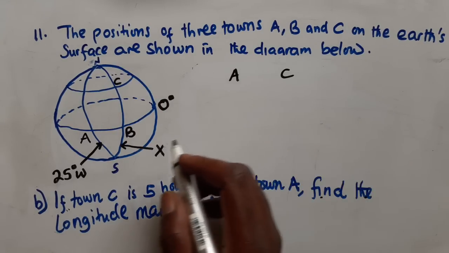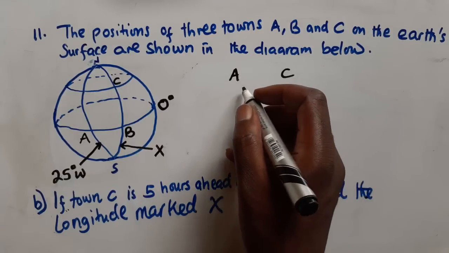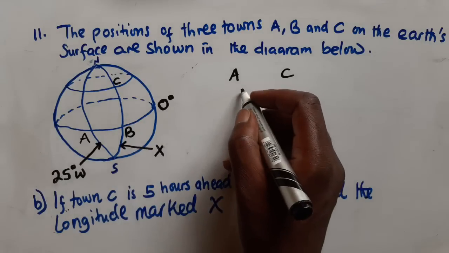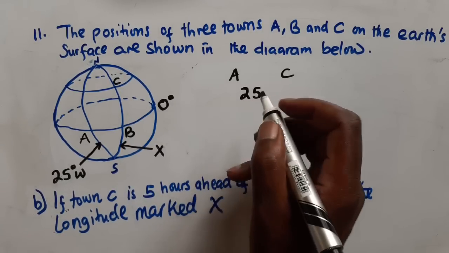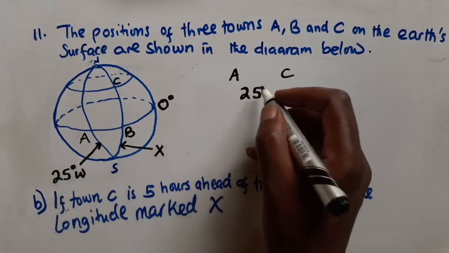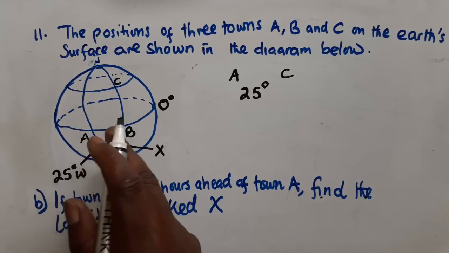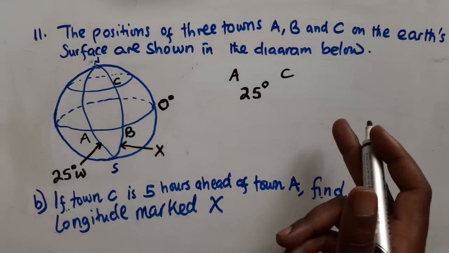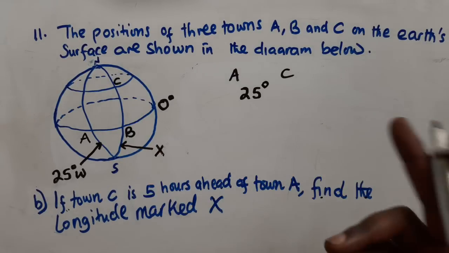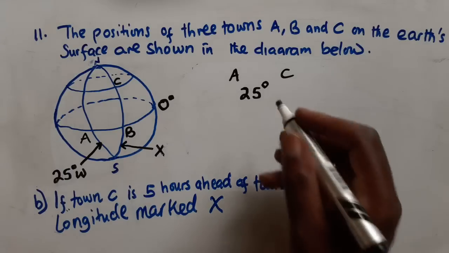So what we always do is we find the difference, isn't it? Now in this case, this is obviously 25. Okay? 25 is on the west. And if these two places are 5 hours apart, definitely you know that the other side will be the east. If we are considering the concept of after 15 degrees, we have an hour.